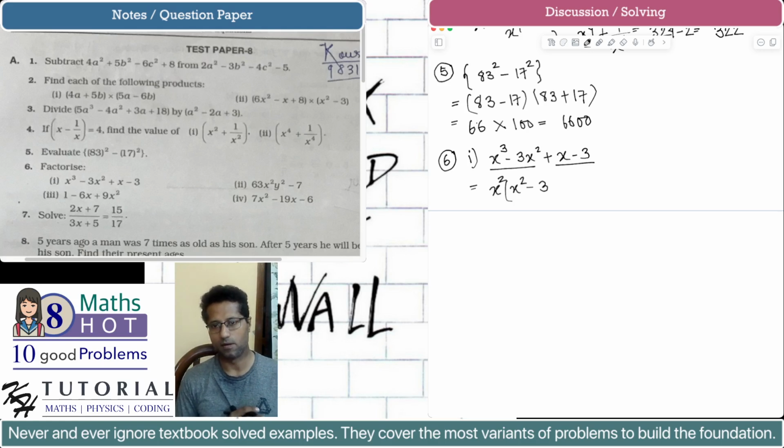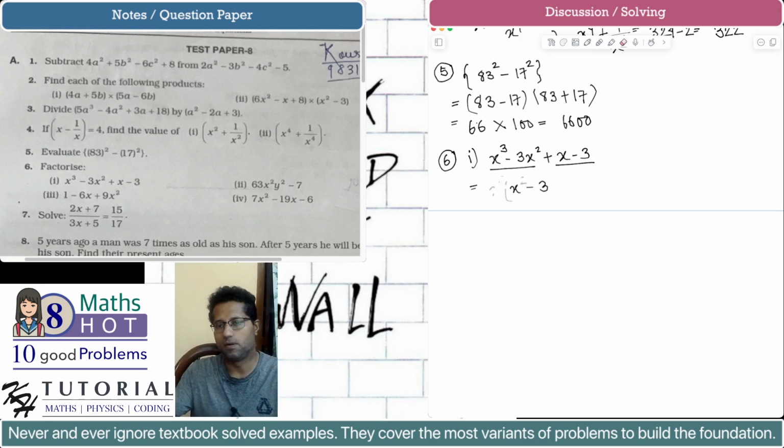Please take out some time and watch it, and it will be very clear to you how to find the common factor of all the terms of an algebraic expression, because figuring out the common factors is a very important and crucial step in factorization of a given polynomial.